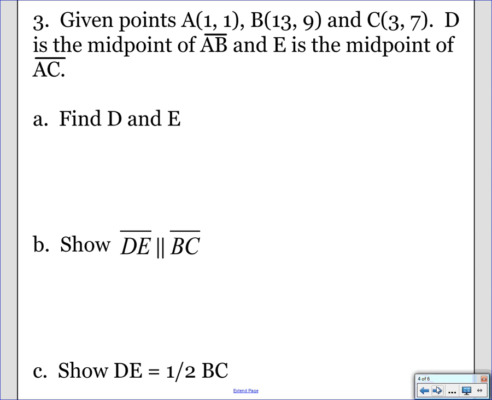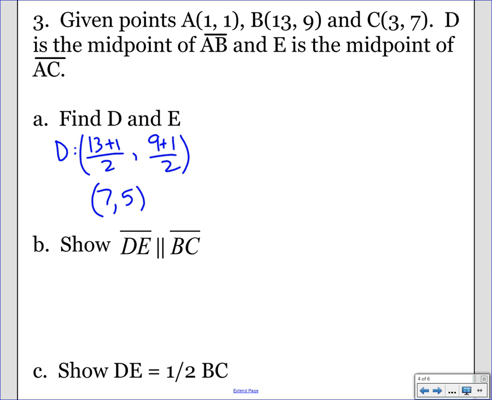Next example is getting us again into these coordinate proofs. So I'm giving you 3 points, and D is the midpoint of AB and E is the midpoint of AC. So find D and E. So finding D. D is the midpoint of AB. So 13 plus 1 over 2 and 9 plus 1 over 2. 7, 5.